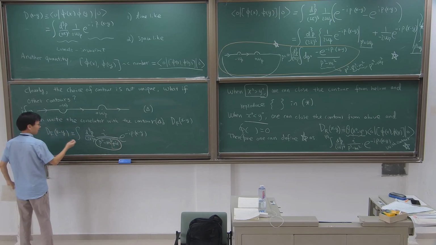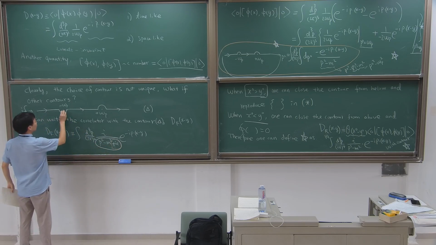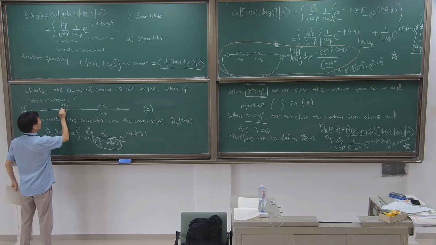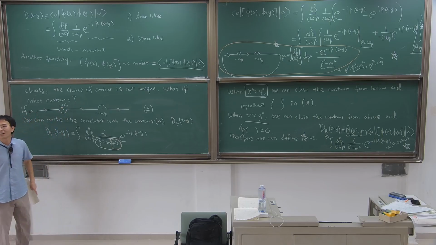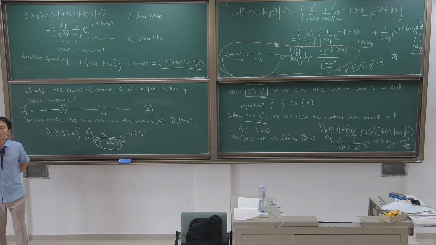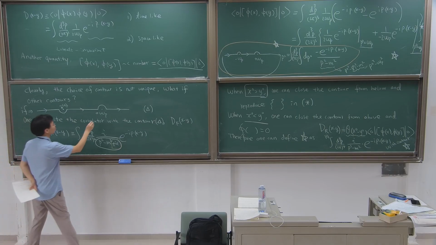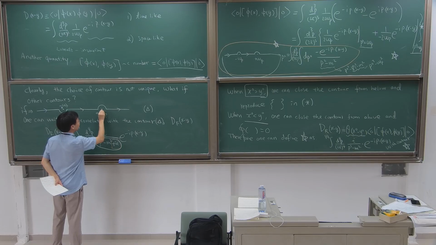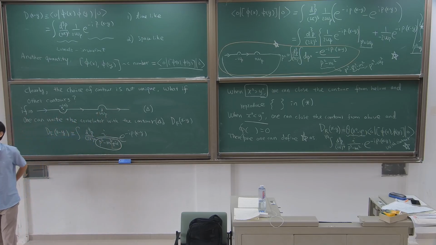That essentially plays a role to shift the original pole above the real axis. Above means the distance is epsilon, and that epsilon is infinitesimally small. So it's just shifted a little bit above. And this pole actually shifts a little bit down. Okay.